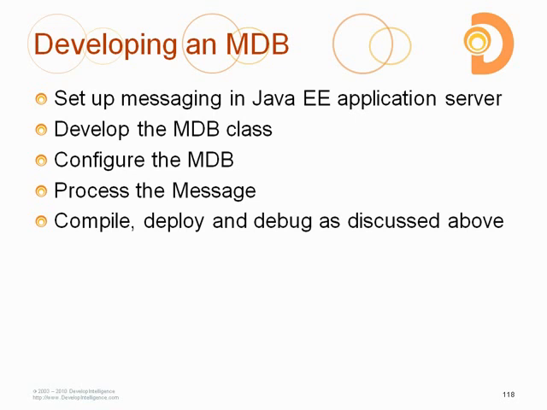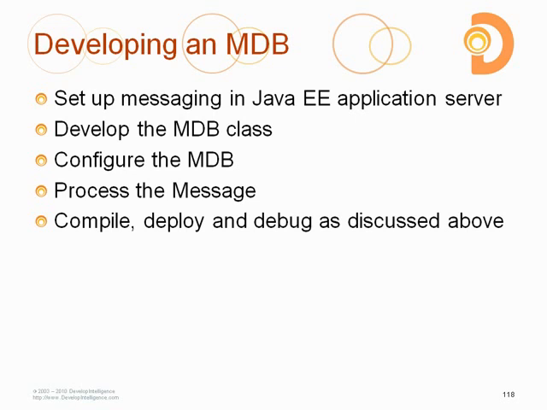Otherwise, when I deploy the MDB, if those messaging resources aren't initialized, the MDB itself cannot be initialized, and the application will, quote-unquote, gracefully fail the initialization of that EJB. So I want to make sure those resources are set up.